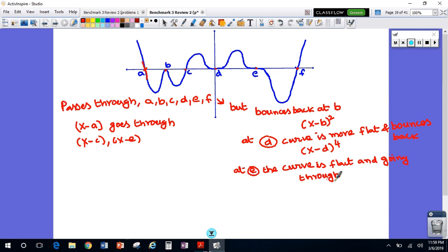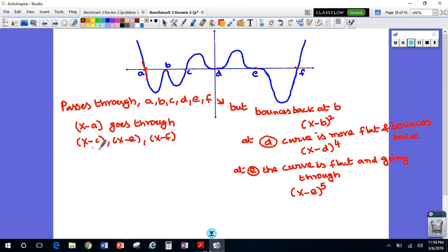The curve is flat and going through. We write it as x minus e to the exponent 5. Alright, and at F it goes through. So this point comes over here, that is x minus f.